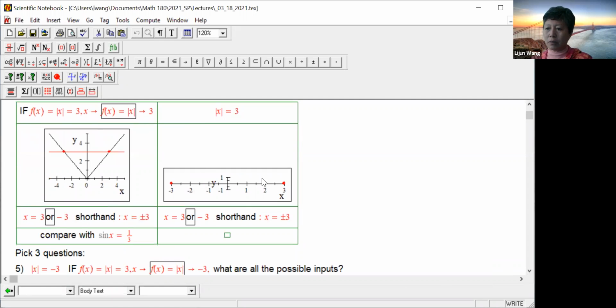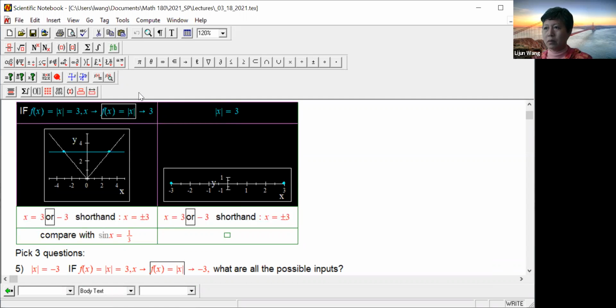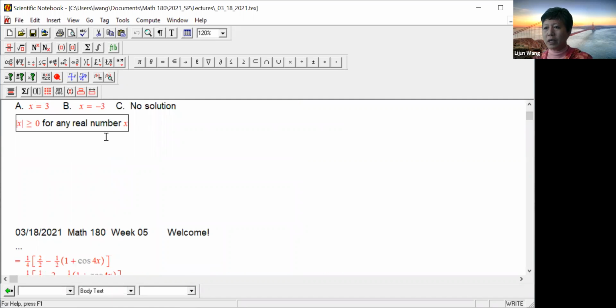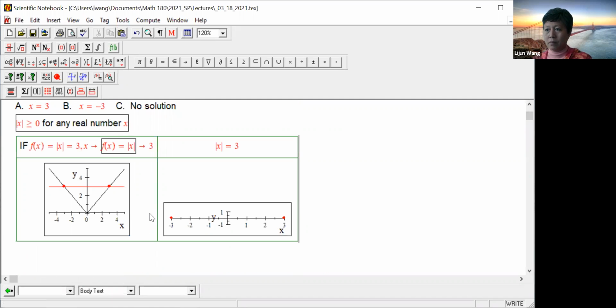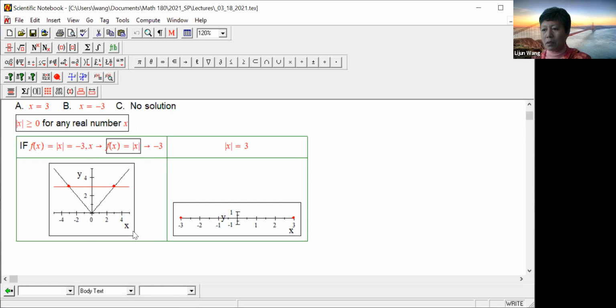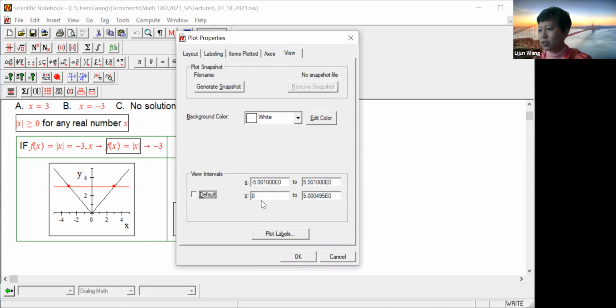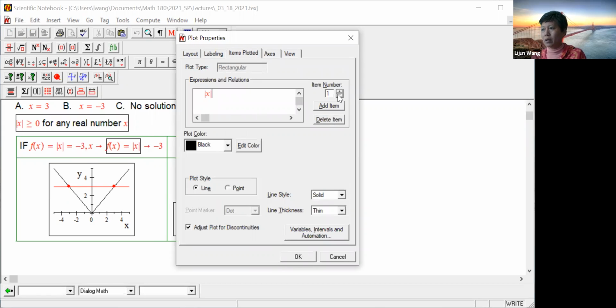Now, if you look at it from this perspective I just explained, the output becomes -3. And what does that mean? In this picture, the horizontal line will be at -3, right?